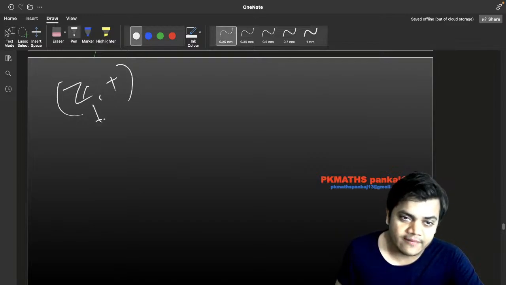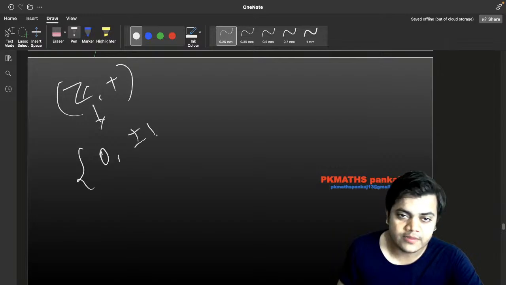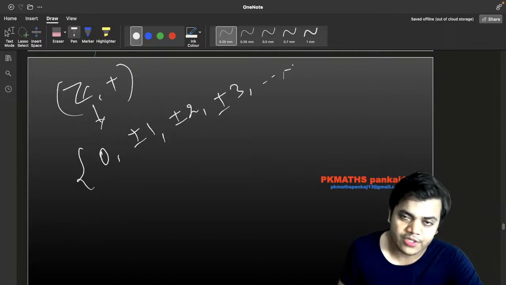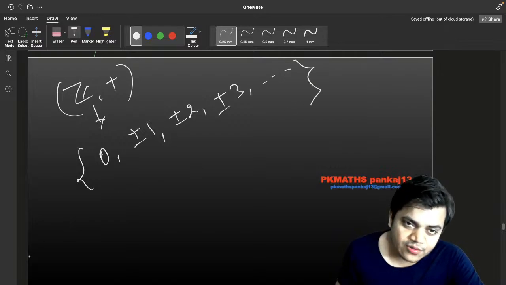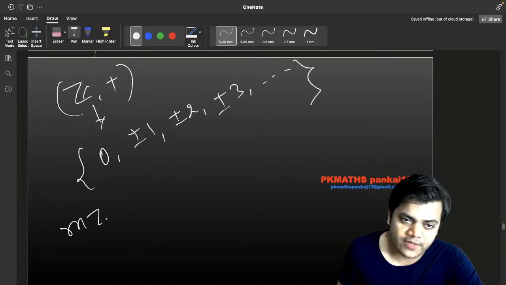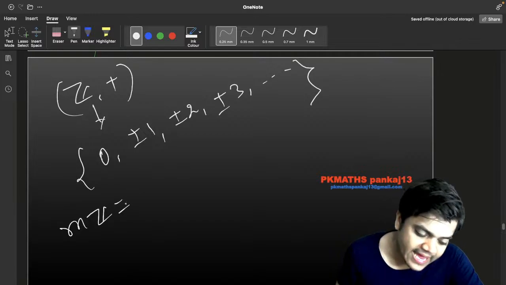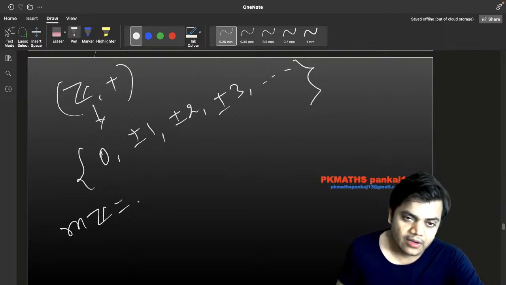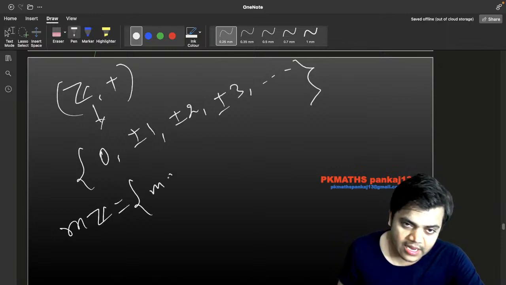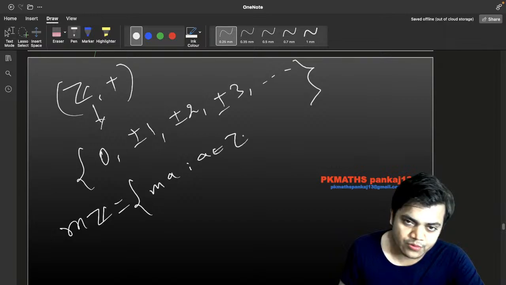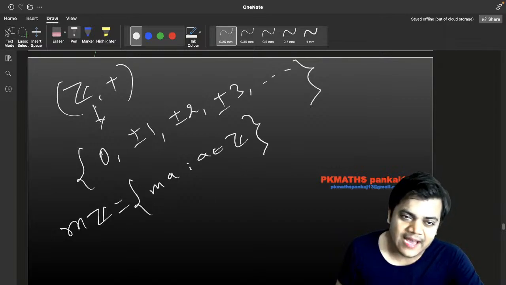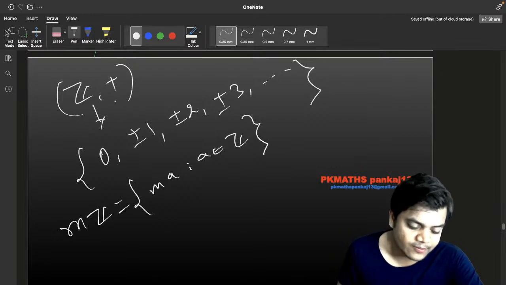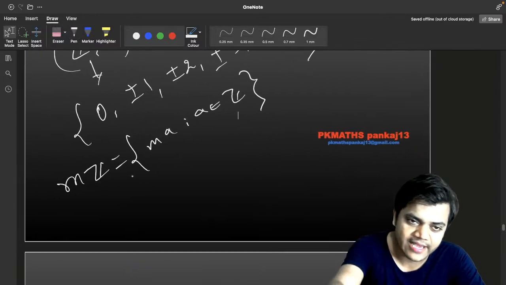So if you have Z as 0, plus minus 1, plus minus 2, plus minus 3, and so on, then certainly the subgroups will be of the type mZ, where m is any integer. That is, mZ is ma, where a belongs to Z. So for example, 2Z is also a subgroup of Z with respect to addition, 3Z is also a subgroup of Z with respect to addition, and things like this.